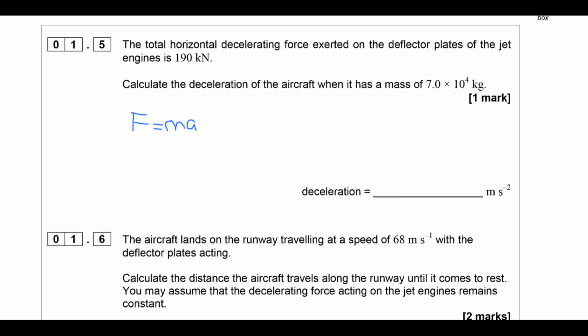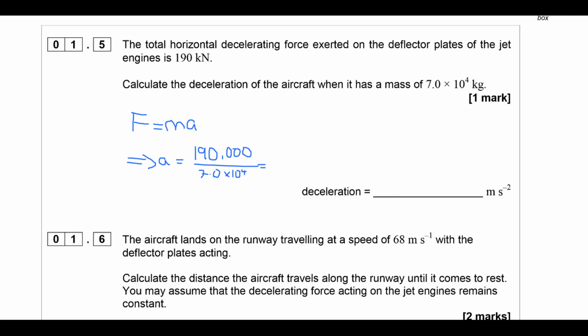This would normally calculate the acceleration, but because it's against the motion, in this circumstance it will calculate the deceleration. So instead of putting a negative sign with the force, I'm going to keep it as a positive number, because that's how we're going to end up with deceleration, not acceleration. So we need to divide by the mass, 7.0 times 10 to the 4.